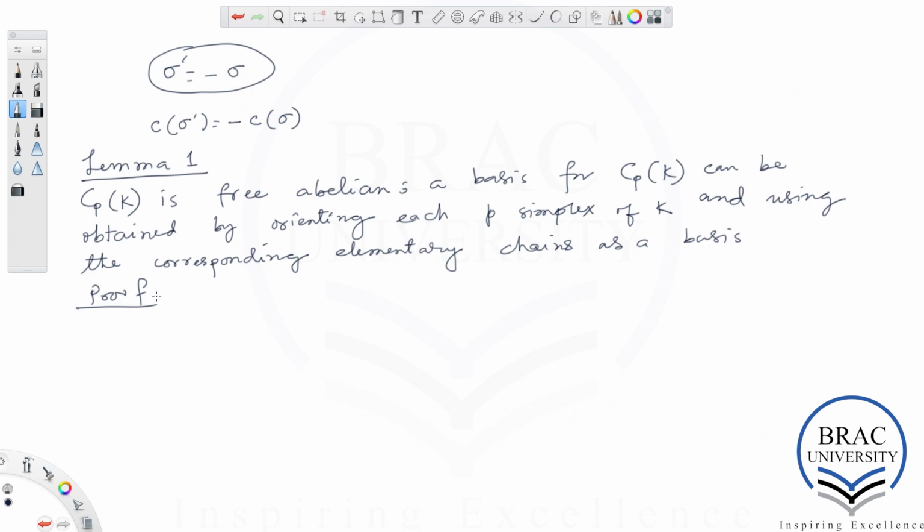First, you orient the p simplices of K arbitrarily. Each p chain of K then can be uniquely written as a finite linear combination. So C is a p chain, and that can be written uniquely as this finite sum of n_i sigma_i, where there are finitely many terms in this sum.